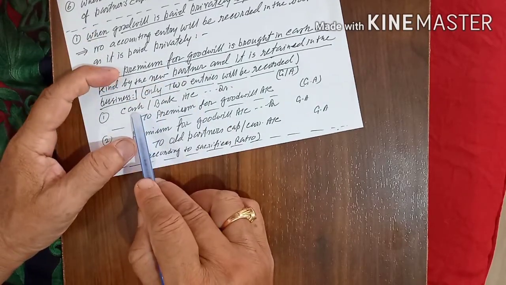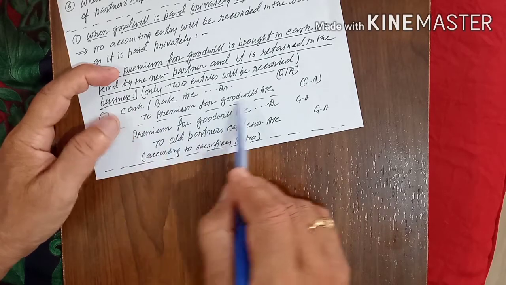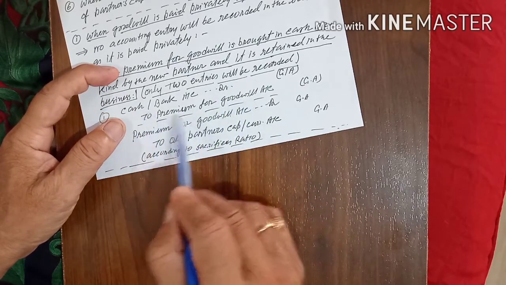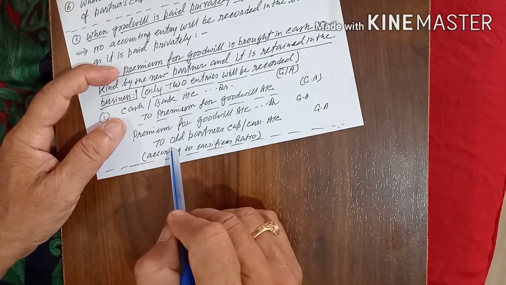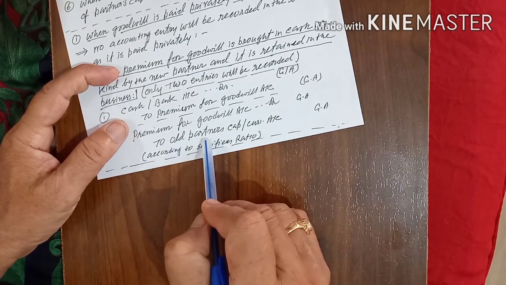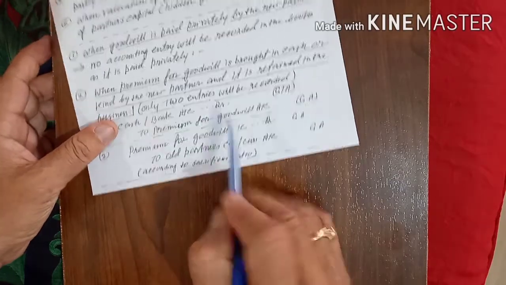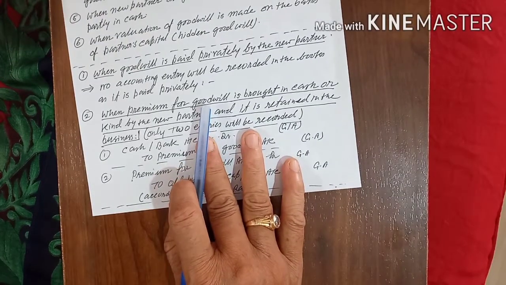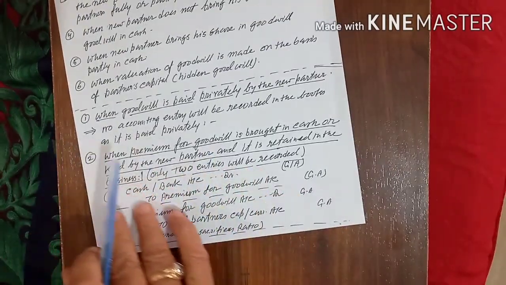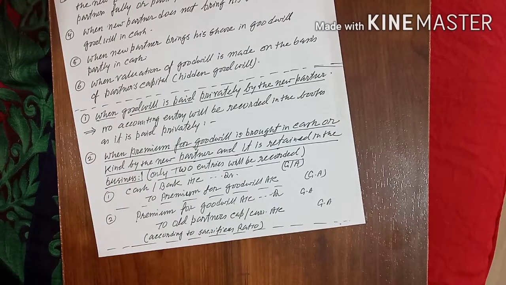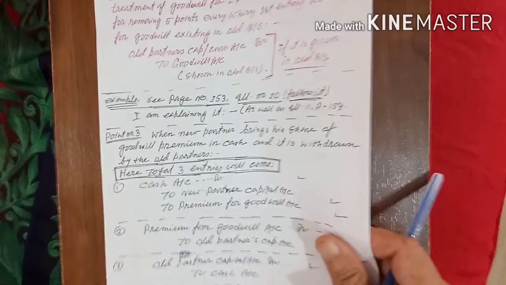One, cash is coming, cash account debit to premium for goodwill, and this premium for goodwill you transfer to the old partners' capital account: premium for goodwill account debit to old partners' capital account. Now let us see one example so that you can understand the second point.